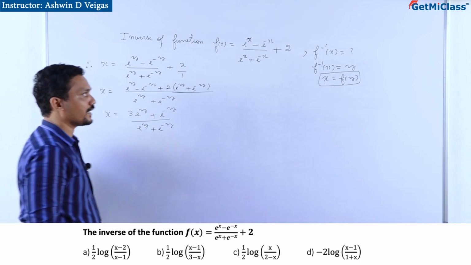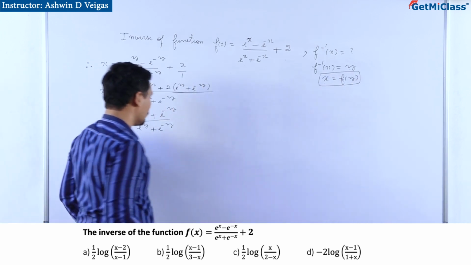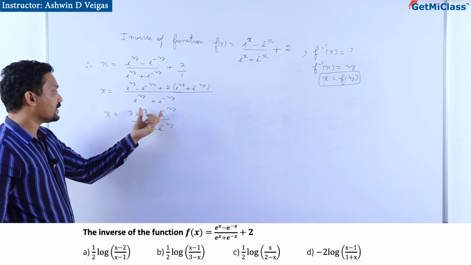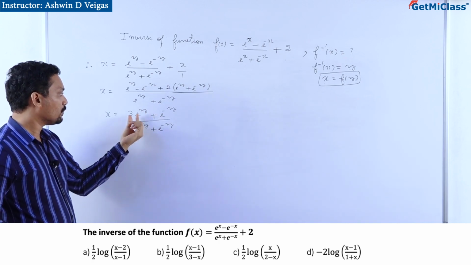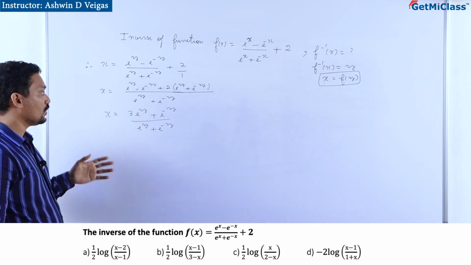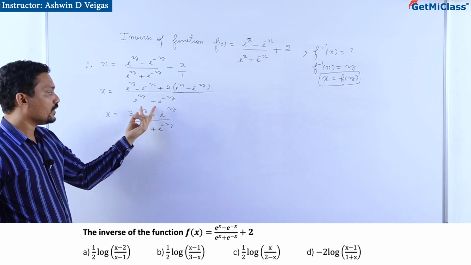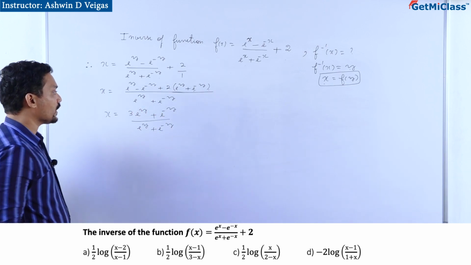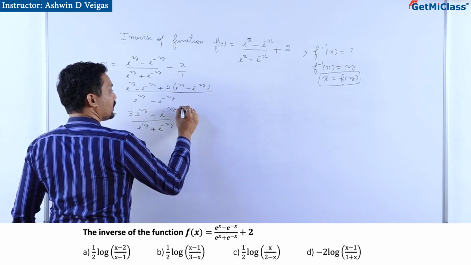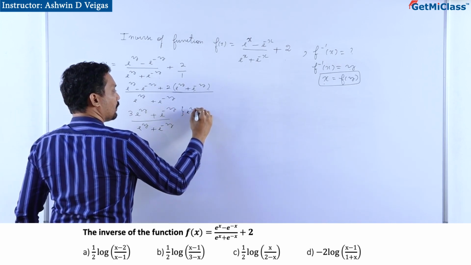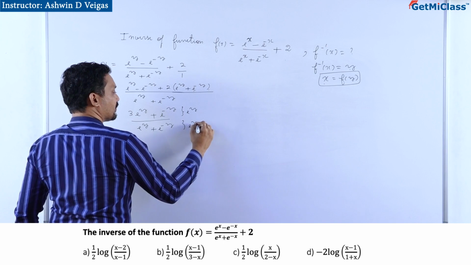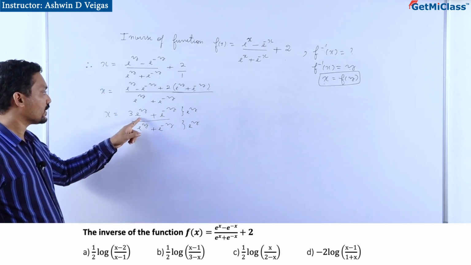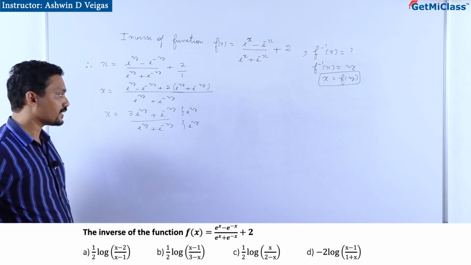Now our job is actually to find y here. So now what we can do is, this is a very standard method. Whenever e power y and e power minus y come, to simplify, we divide numerator and denominator by e power minus y, or you can multiply numerator and denominator by e power y. This is a very standard method we follow whenever e power x and e power minus x come.